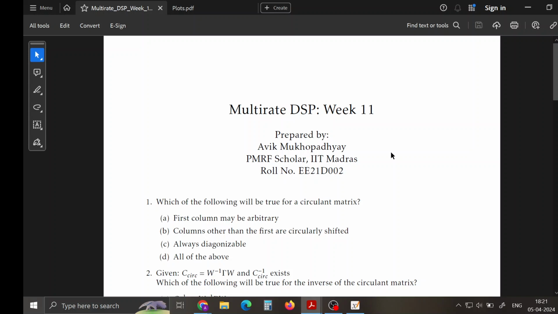We looked at different properties of the circulant matrix, such as diagonalizability and so on, and also we saw the use of the cyclic prefix, zero padding, and those things. So mostly this will be a review of the lectures because the concepts were mostly theoretical, and we'll also look at some numerical examples as well. But mostly it's like a revision of the lectures also.